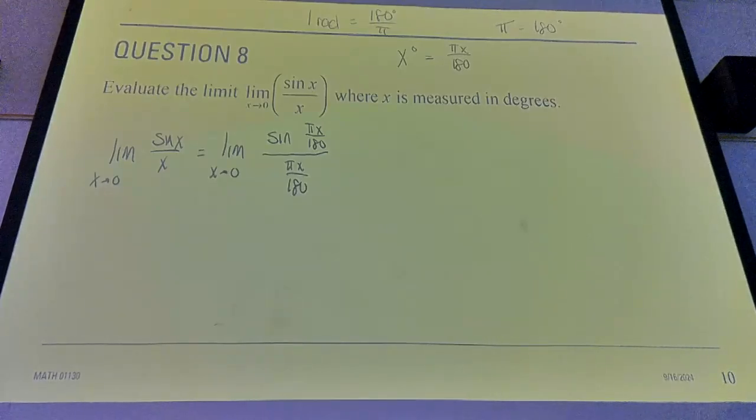Write that multiplication, right? I hope so. That's typically used with angles.